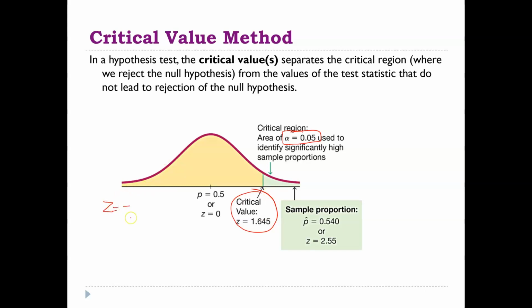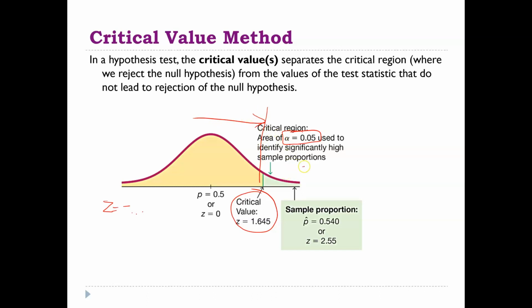Z is going to be negative on the left side. Our claim was about population proportion, so we use z-test statistic. We'll need table A2 to find z value that corresponds to the area to the left of our critical value.